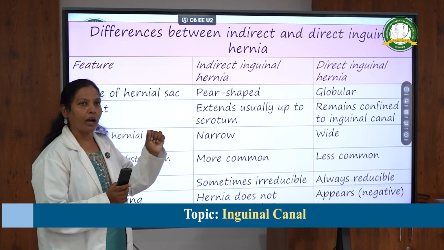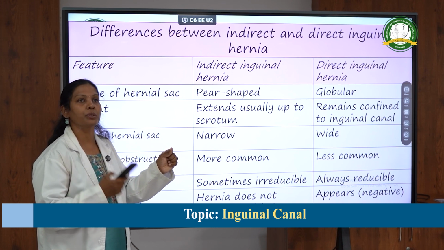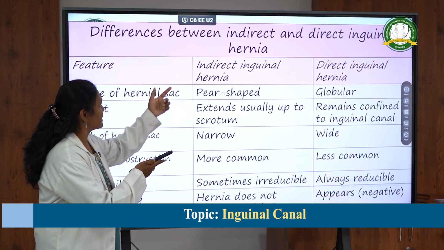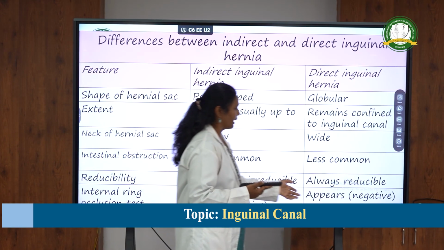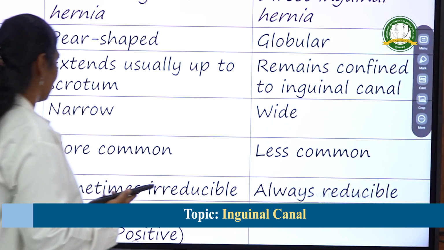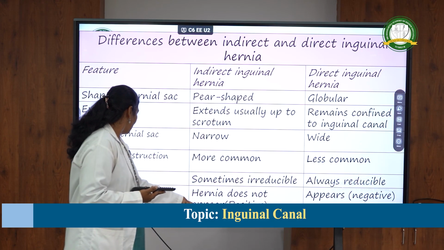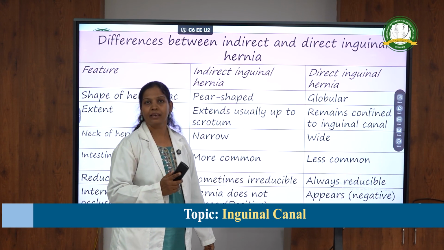Then they will occlude the deep inguinal ring with the thumb, and the patient is asked to cough. If it is indirect inguinal hernia, the hernia does not appear. Whereas if it is direct inguinal hernia, the hernia appears. Here the internal ring occlusion test is considered positive, and here it is considered negative.